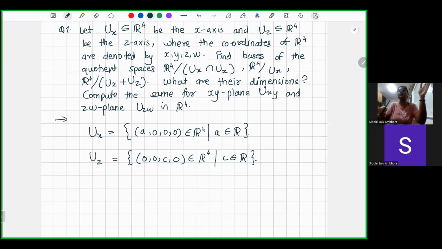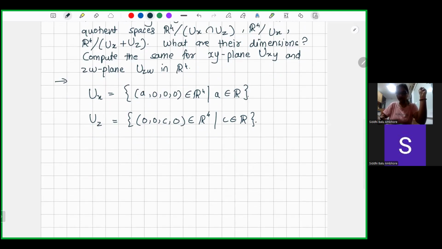We know the intersection of two subspaces is again a subspace, and UX plus UZ is the subspace generated by both of these.